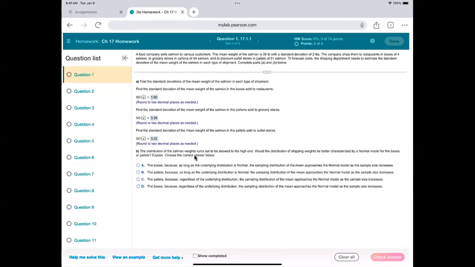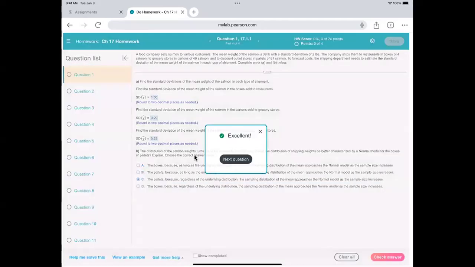So we know that the pallet has a higher sample size of 81. So the answer is the pallet, because regardless of the underlying distribution, the sampling distribution of the mean approaches the normal as the sample size increases. So that should be how you do question 1.